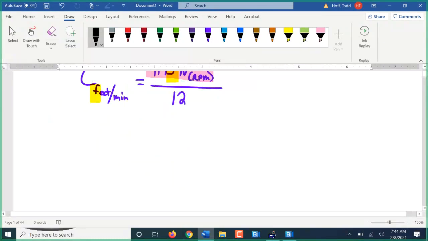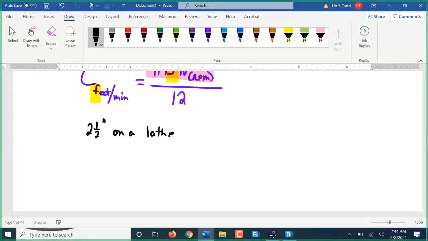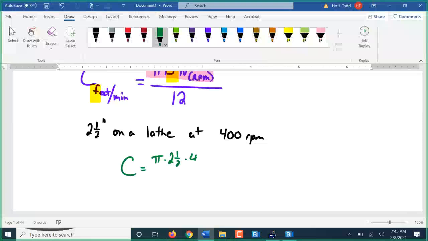So if we have a 2.5 inch piece of material on a lathe at 400 RPM, the surface cutting speed is pi times 2.5 times 400 over 12.